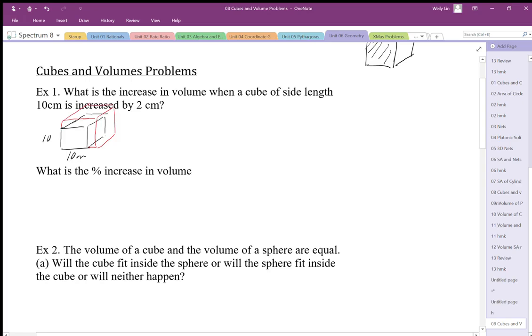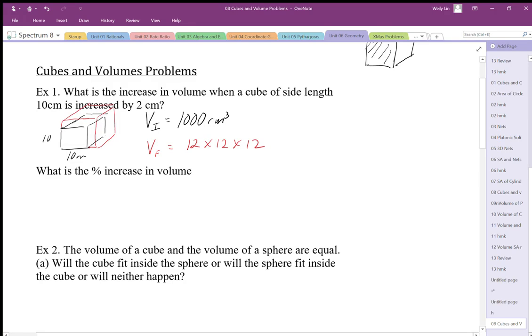We start with 1,000 cubic centimeters, a 10 by 10 by 10 cube, so our initial volume is 1,000 centimeters cubed. What happens when we increase each side by 2 centimeters? We get 12 times 12 times 12, so our final volume works out to be 12 times 12 times 12.